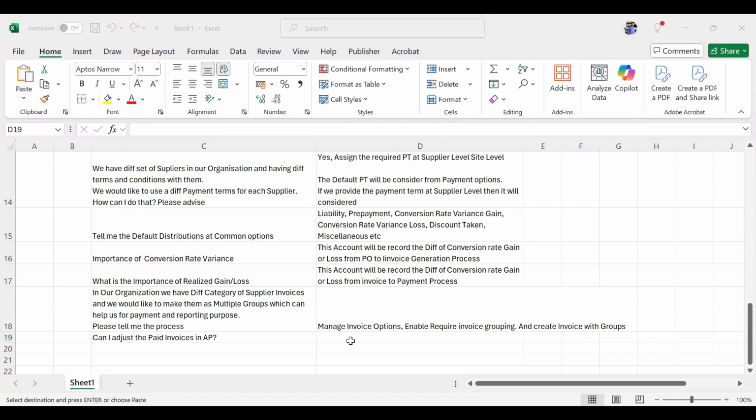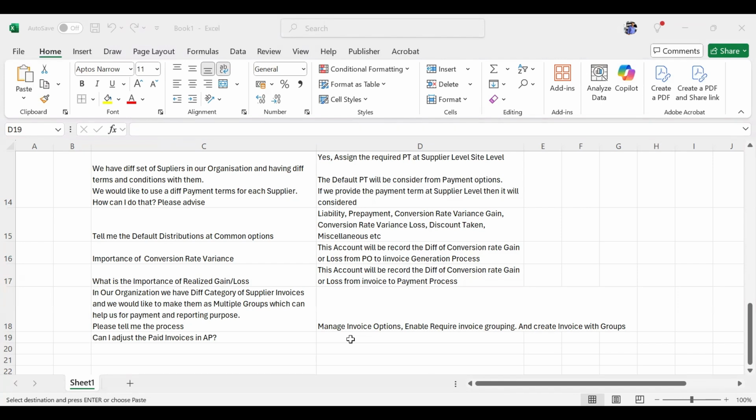Somebody said yes. If yes is the answer, now tell me how we can do that. By using a credit memo or debit memo, you can do the adjustment.